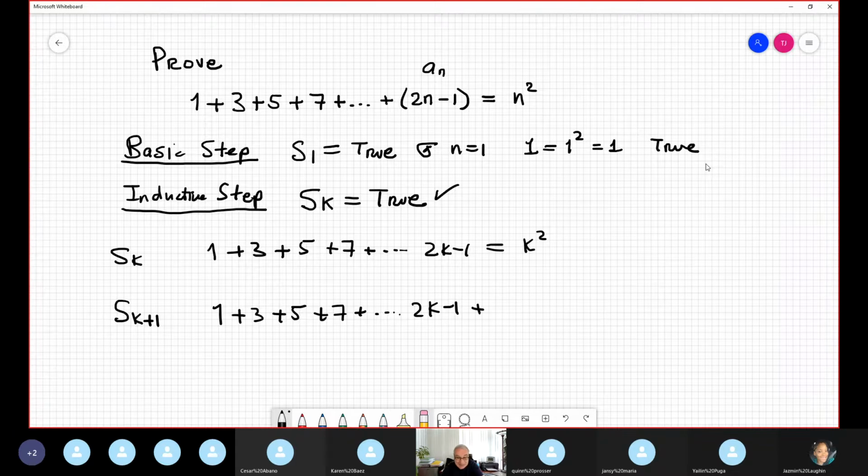And you include the next after 2k minus 1, which is 2k plus 1 minus 1. So you replace the next; see, this is k, and for k plus 1 it is 2 times k plus 1 minus 1. This is the left hand side. And the right hand side we replace with k plus 1 squared. Do you understand this step?